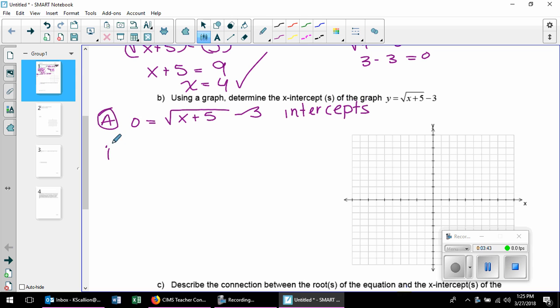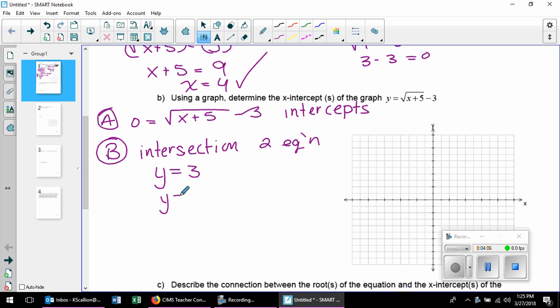Option B is if we want to find intersection, you need 2 equations. So we would have y equals a positive 3 and y equals root of x plus 5.